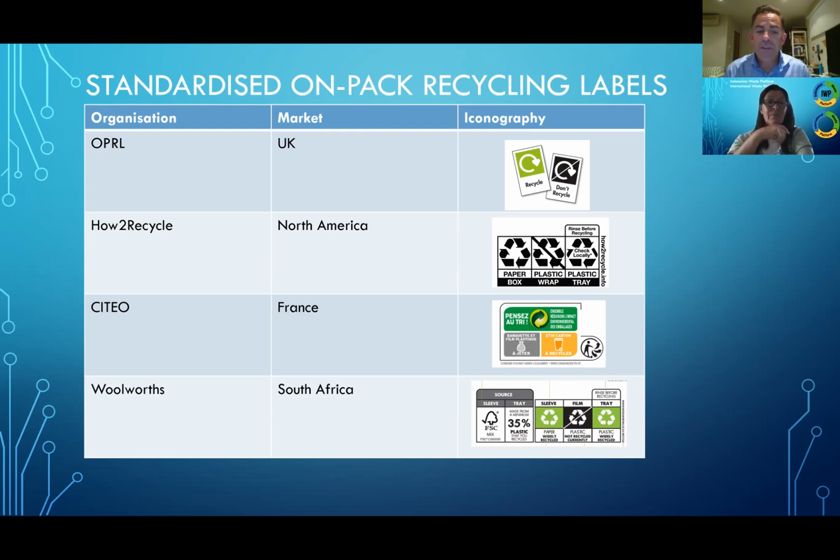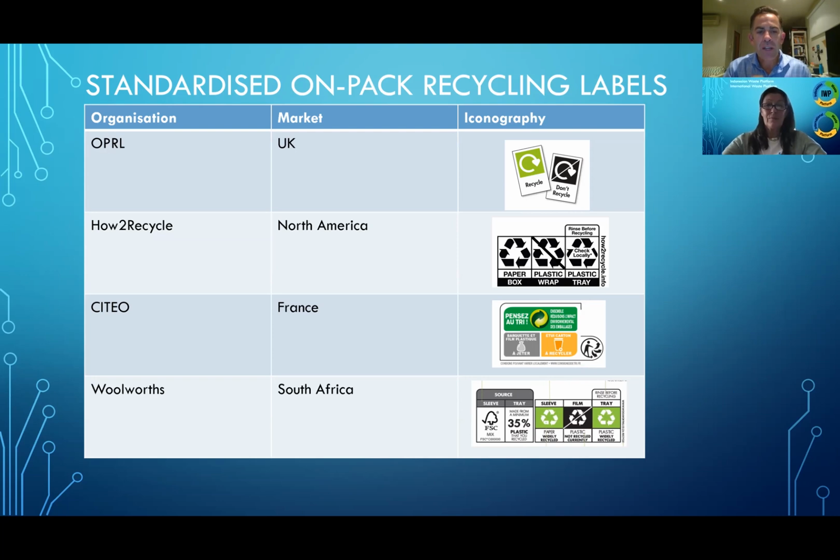Woolworths, I think, were next. They were about 2013 in South Africa, and they launched their on-pack recycling label program. You can see there they've also got a comment about the recycled content and also the FSC certification for the paper products. So that was an extension going beyond just recyclability.